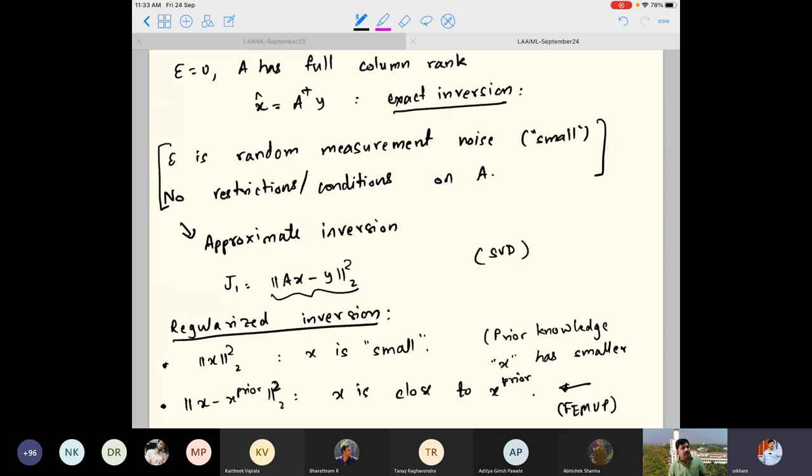This is a very classical problem, and there this x prior actually has some important meaning, and you want your solution x to be as close to x prior as possible. So there are real life problems where these types of regularized inversions are required.